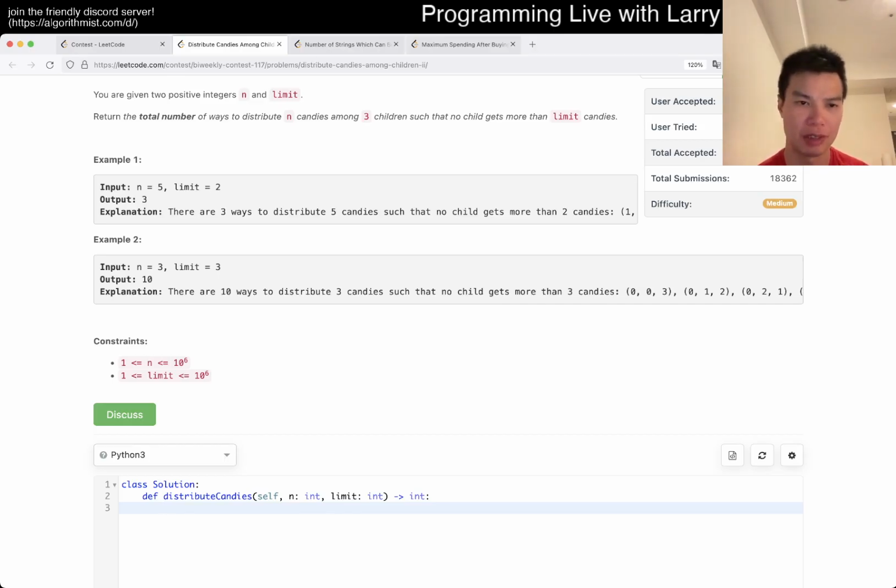If I did it the other way, okay, so I'm thinking about this in n. What if I think about it in limit? Limit, 1 pass, 10 to the 6. What does that mean?